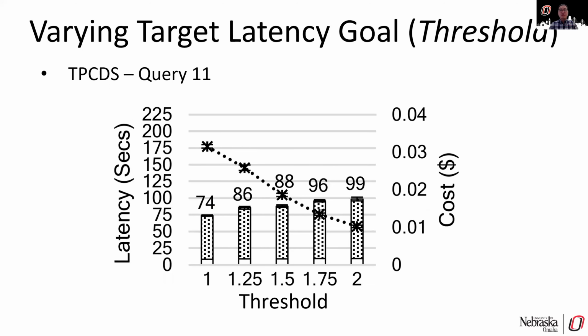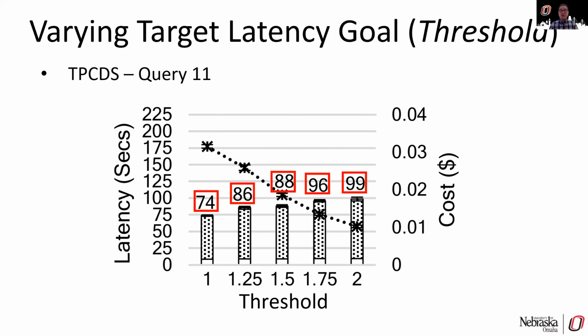The next experiment was where we varied the threshold from 1 to 2. If the threshold is set to 1, the application wants to achieve the best performance. If they set the threshold to 2, it means they want to reduce the cost by enduring some additional latencies.